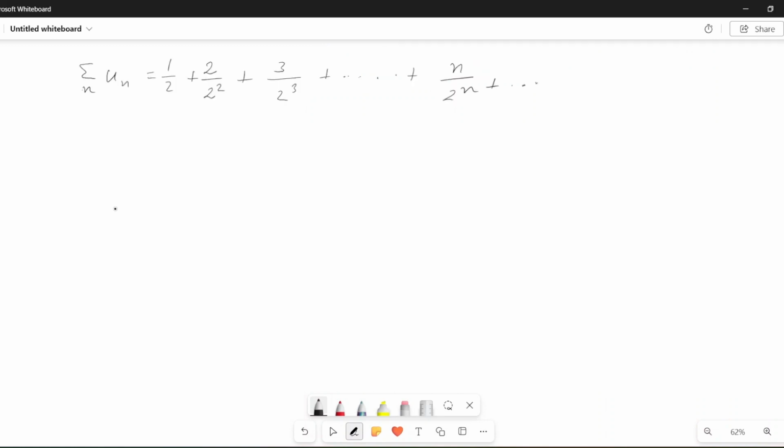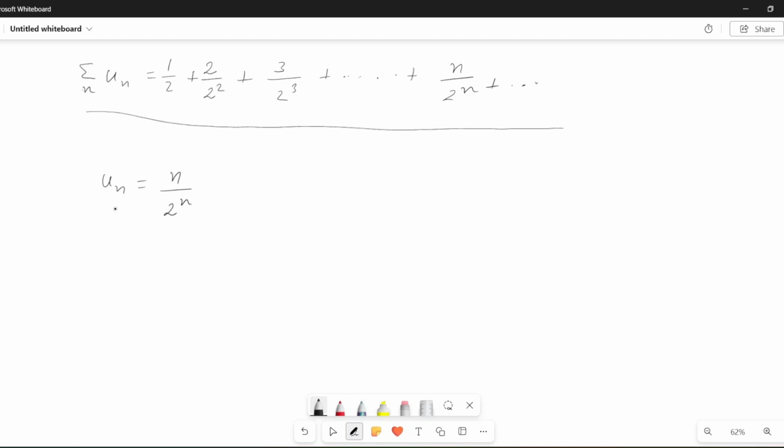Let's take an example of the ratio test. We have a series, and we have to find whether it is convergent or divergent. The first thing is that un is equal to n by 2 to the power n.